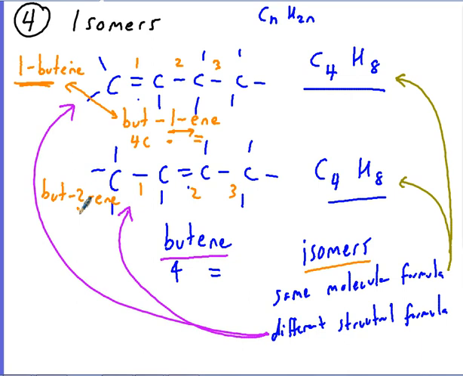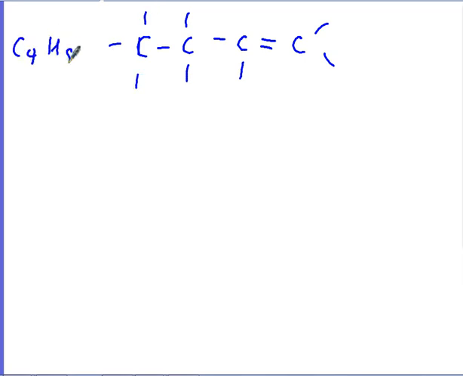One thing we didn't put up there, and you might be thinking, is why didn't I put but-3-ene up there? Well, let's just draw what but-3-ene would look like. One, 2, 3, double bond on the third C. Once again, we've still got C4H8.